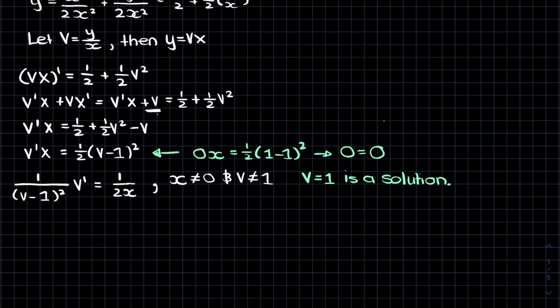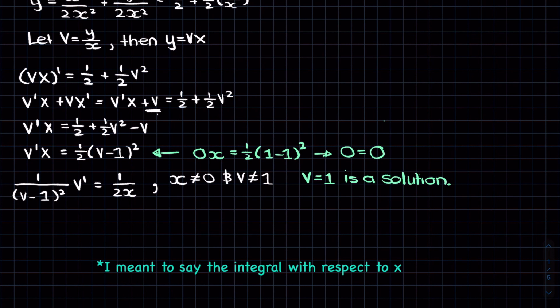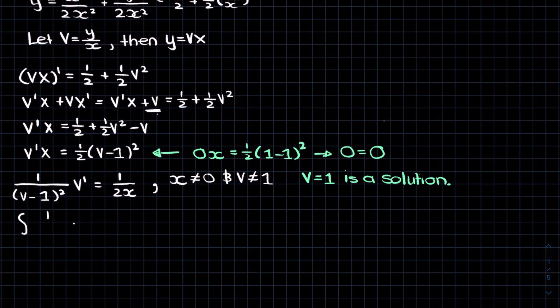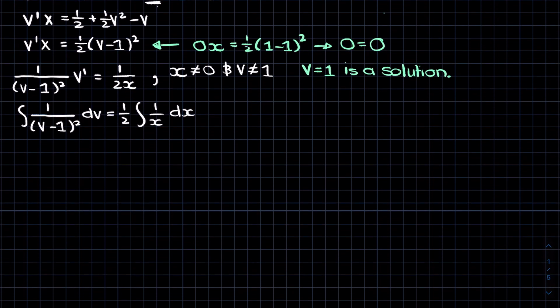Now if we then integrate both sides with respect to x, we will get 1 over (v minus 1) squared dv equals a half of 1 over x dx. Now we can solve this.